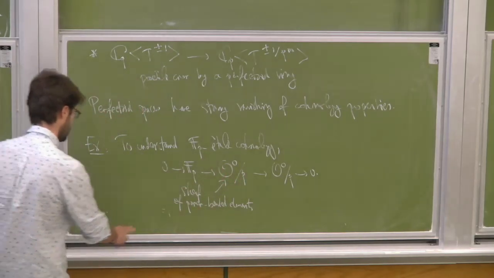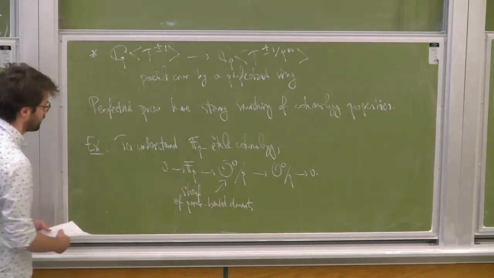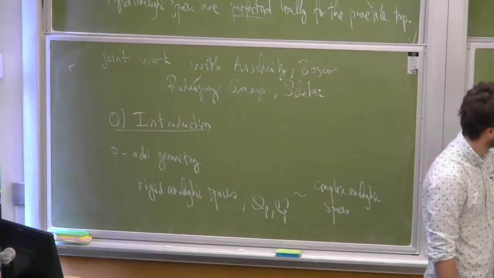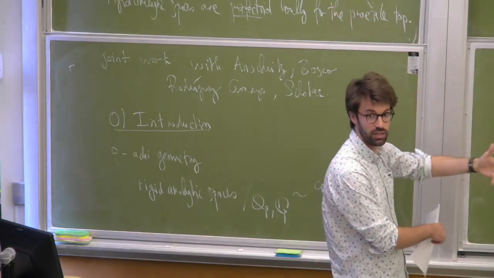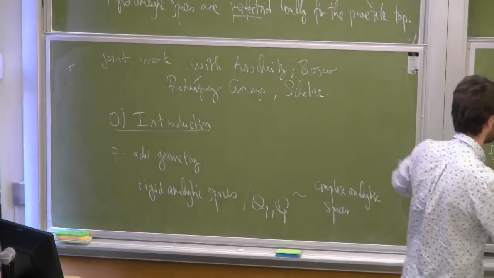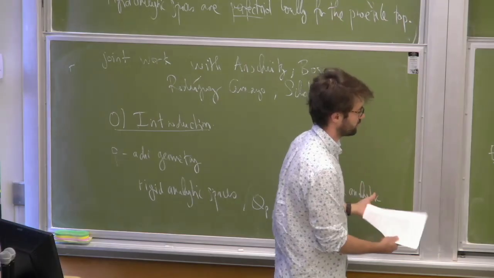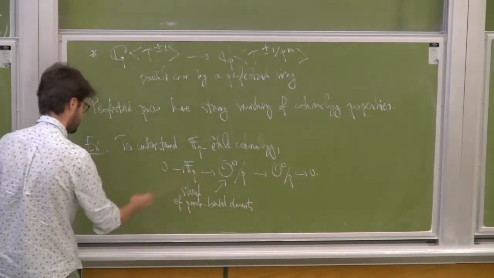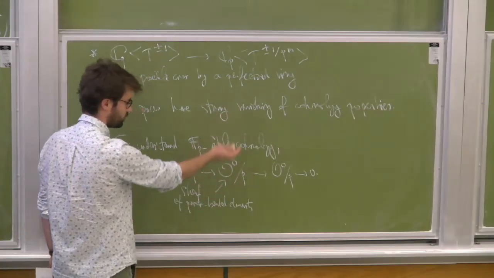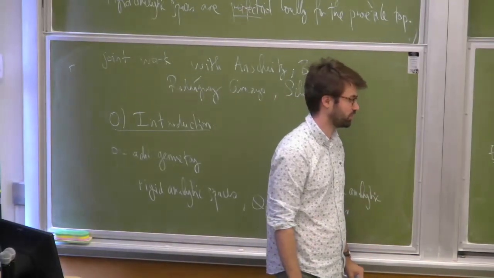Typically, if you want to prove finiteness of étale cohomology, in the proper case, like Artin-Schreier did for coherent cohomology of complex manifolds, it's not really possible to mimic such an argument, but it becomes possible after you localize for the pro-étale topology and pass to the perfectoid.